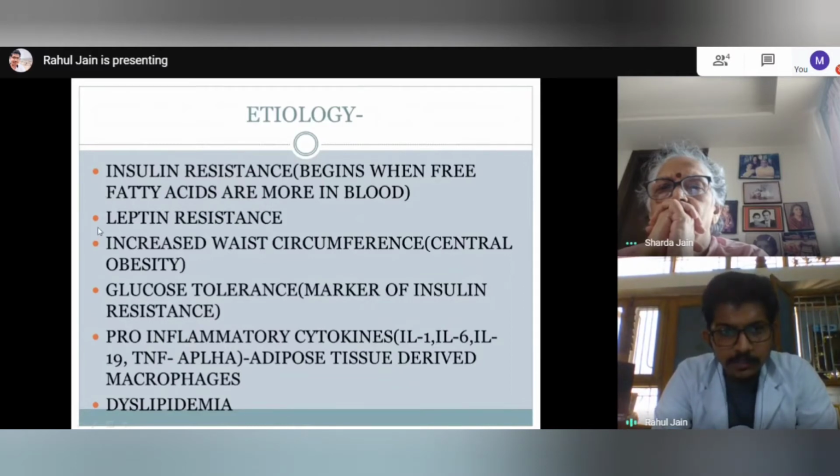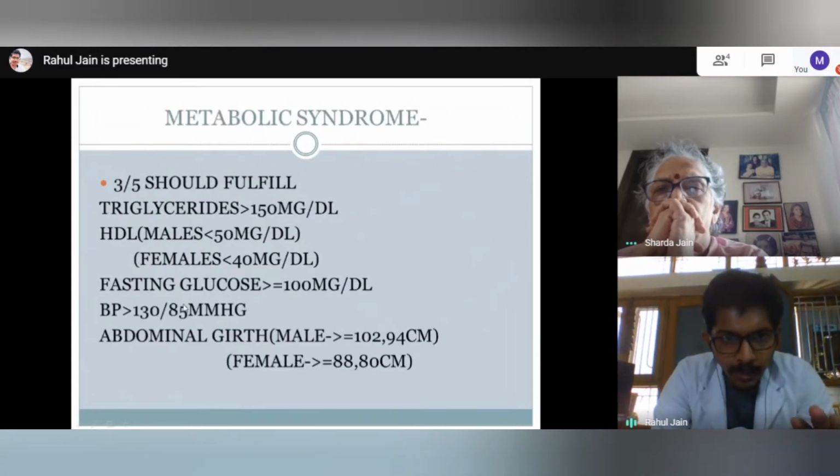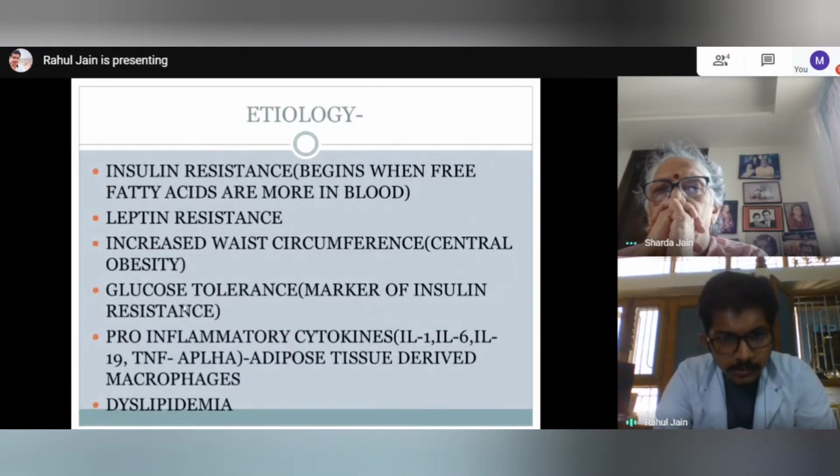Then leptin resistance. Leptin is one hormone which decreases our appetite, so even leptin resistance has a role in metabolic syndrome. Then we have increased waist circumference, central obesity, glucose tolerance, inflammatory cytokines, dyslipidemia. Basically, the things which are causes of metabolic syndrome are also part of the etiology.